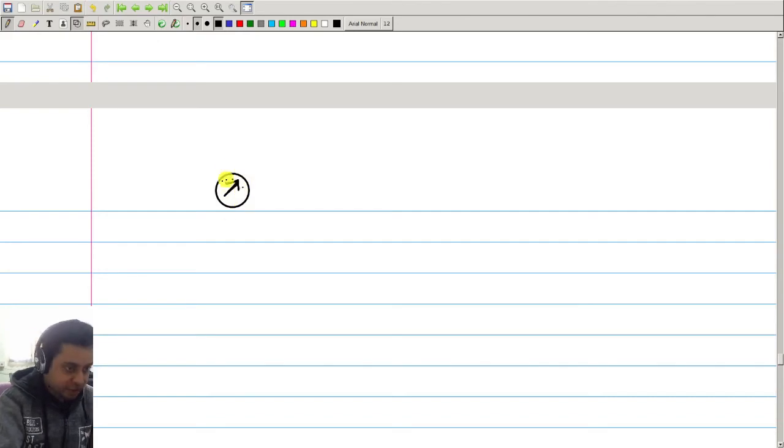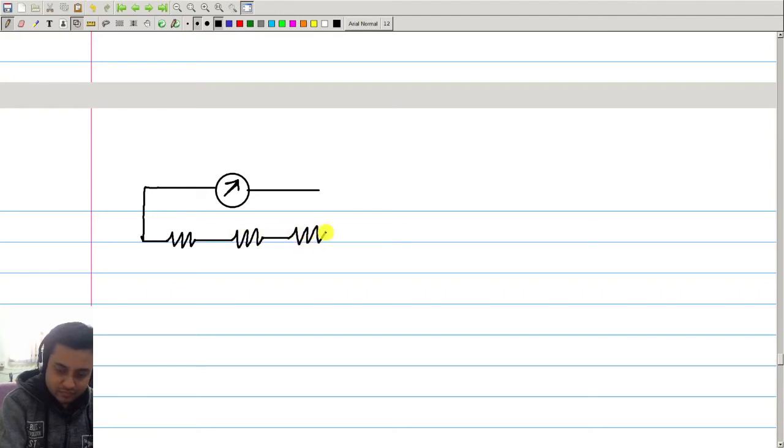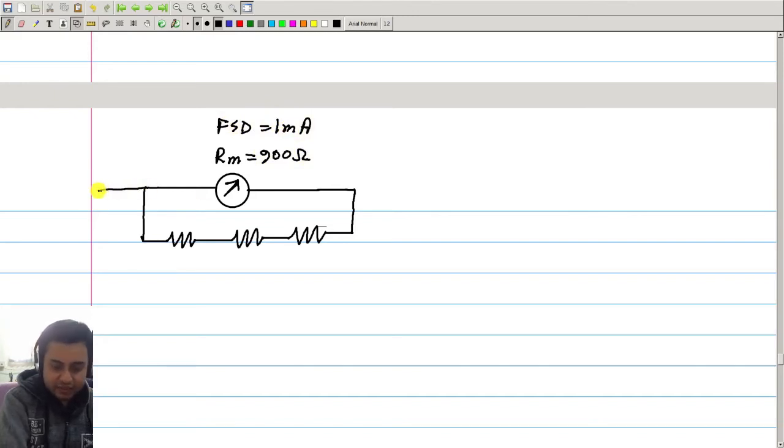This is the meter, the coil magnet arrangement alone, and then we can have a number of resistances like this, and suppose this meter has a meter resistance of say 900 ohm, full scale deflection current is 1 milliampere, and this is one terminal, and another terminal.